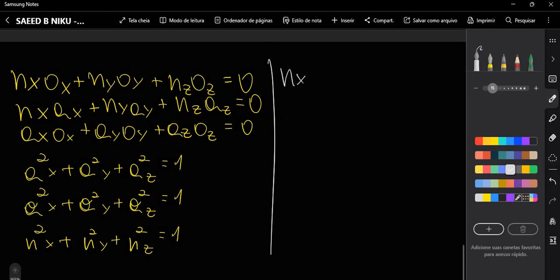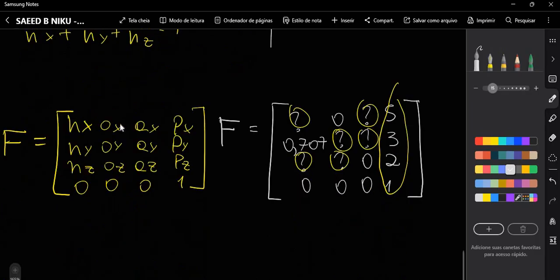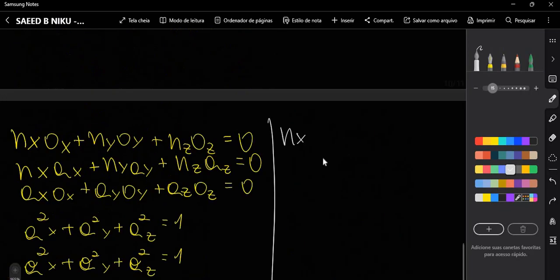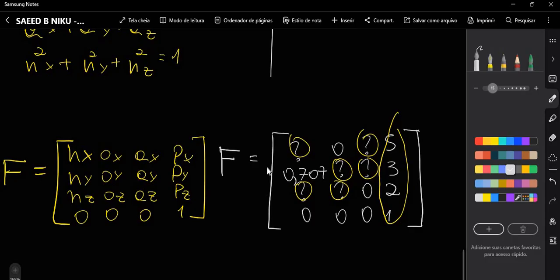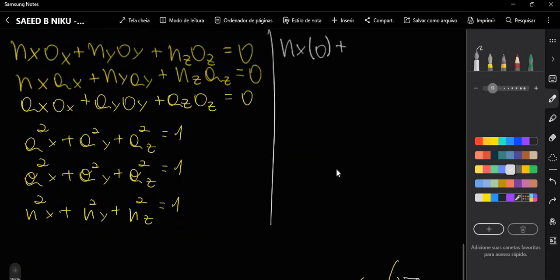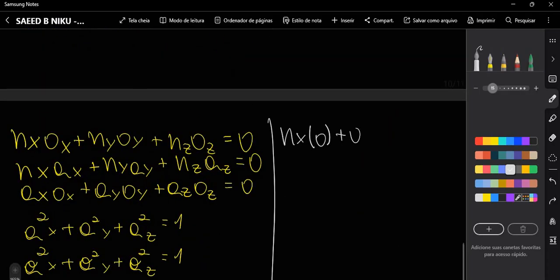In Nx times Ox, and Ox, as you can see, is equal to 0. So let's substitute this right here. And Ny, as you can see, is equal to 0.707, and we just have to substitute right here.